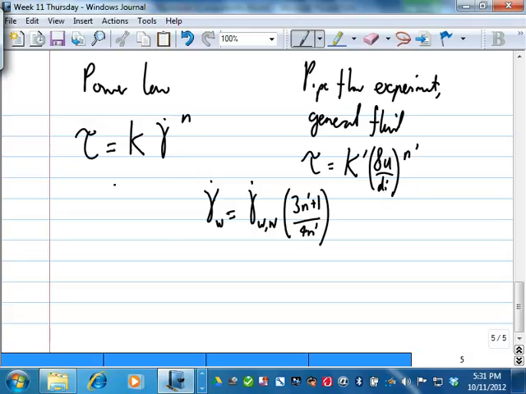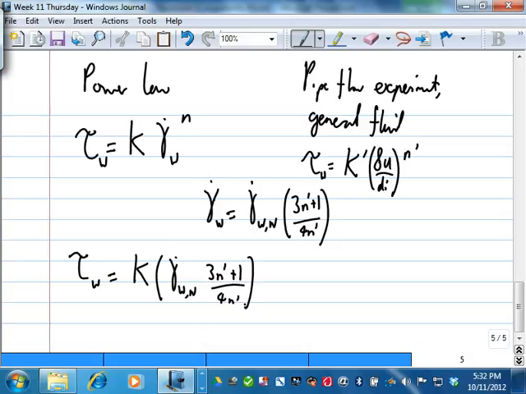So for shear stress, we put this in here. This equation should apply everywhere, so it should apply at the wall. Shear stress at the wall is equal to K times the shear rate at the wall for a Newtonian fluid times 3n prime plus 1 over 4n prime, to the power n.